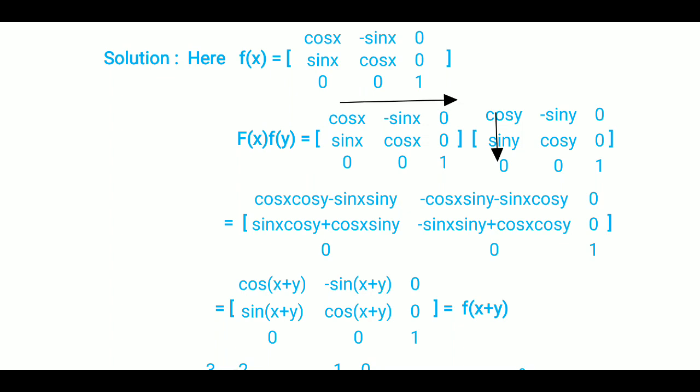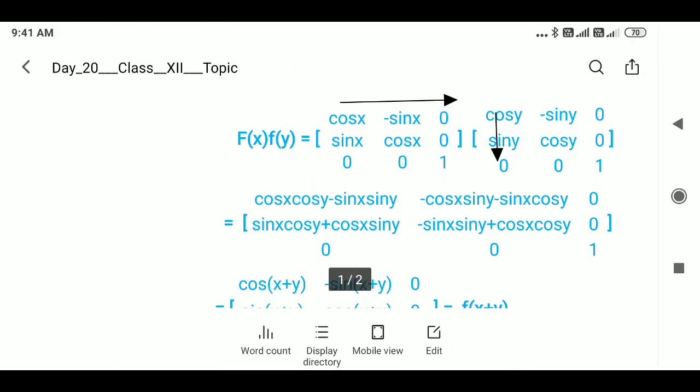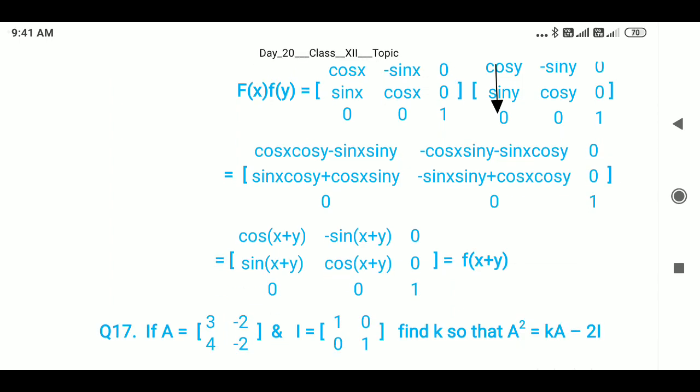Now using trigonometric formulas, cos x cos y minus sin x sin y, that is cos(x plus y). Minus taking common, cos x sin y plus sin x cos y, that is equal to minus sin(x plus y), and third one is 0.